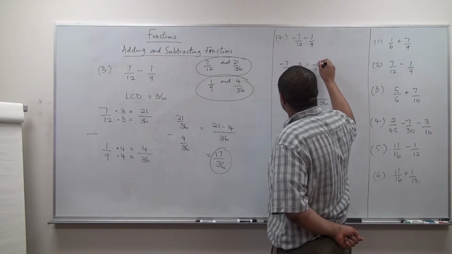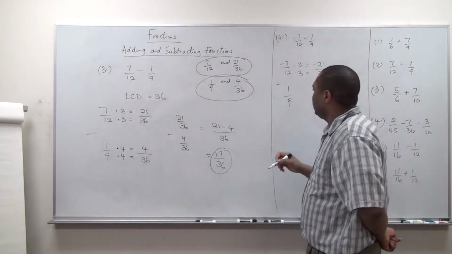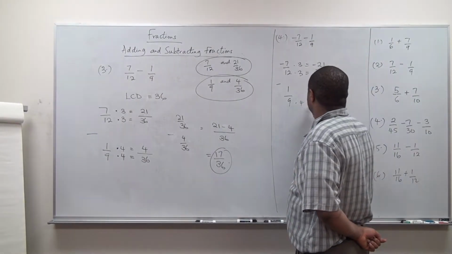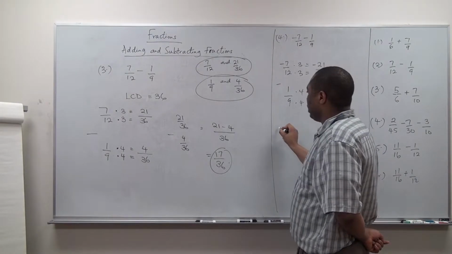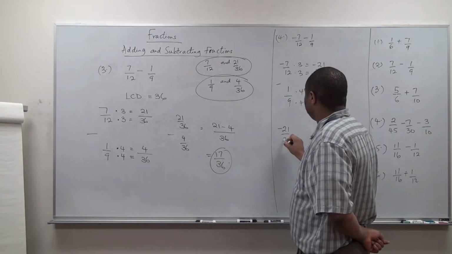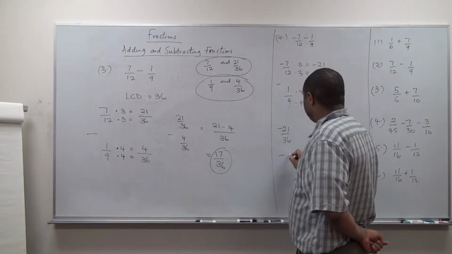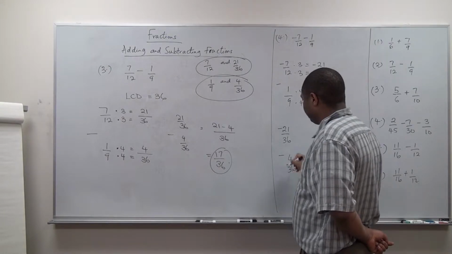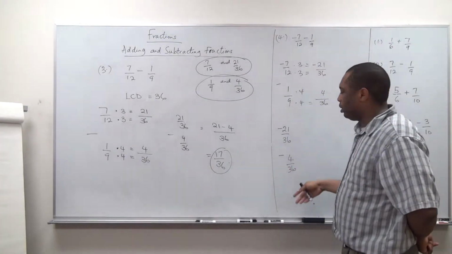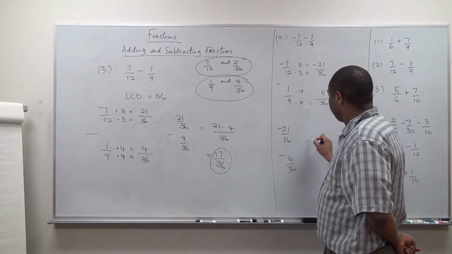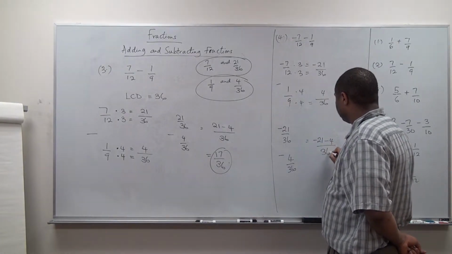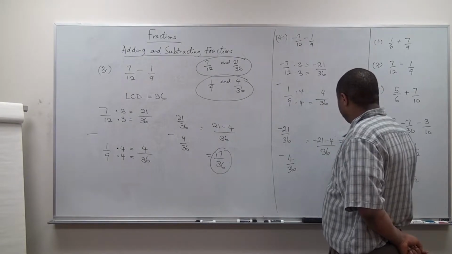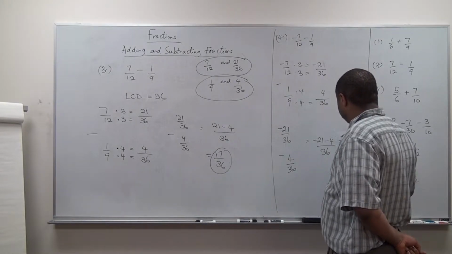Here will give you negative 21 over 36. And this will give you times 4, times 4. This will give you 4 over 36. So you have negative 21 over 36 minus 4 over 36. So you work on their numerators, and this will give you negative 21 minus 4 all over 36. And that will give you negative 25 over 36.